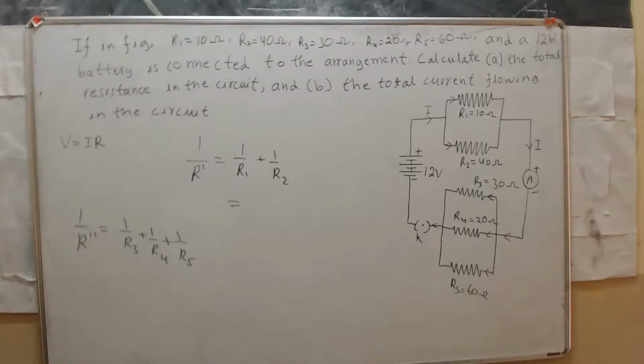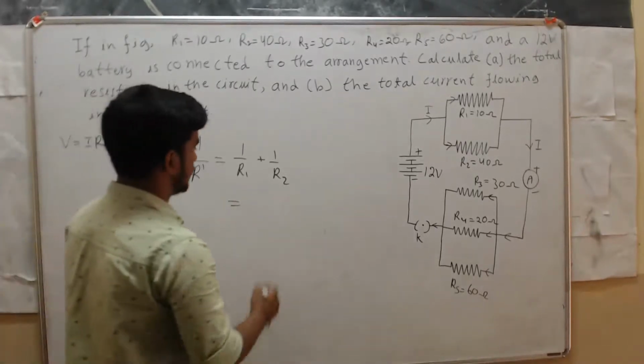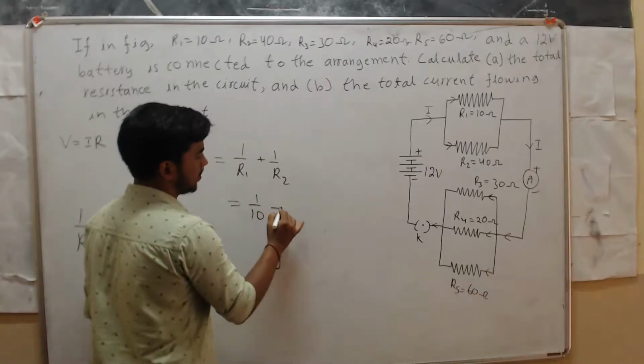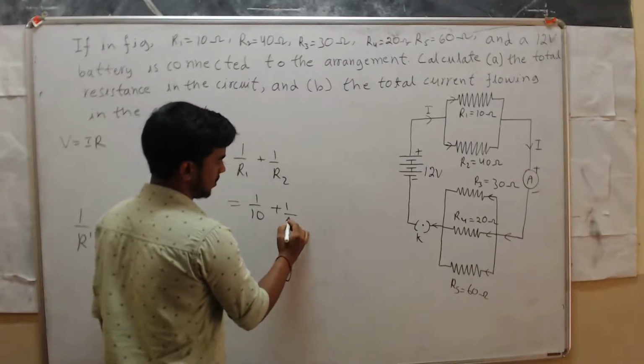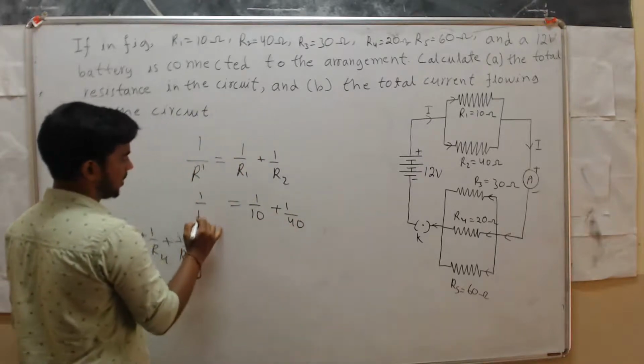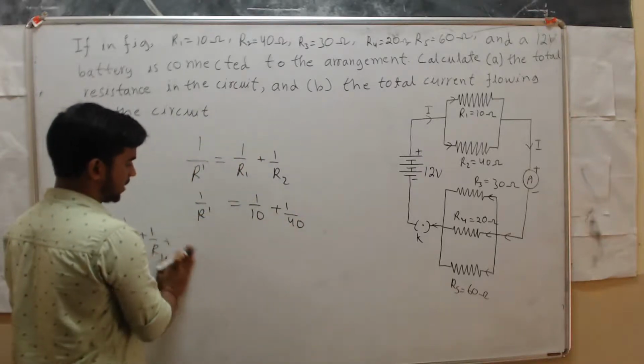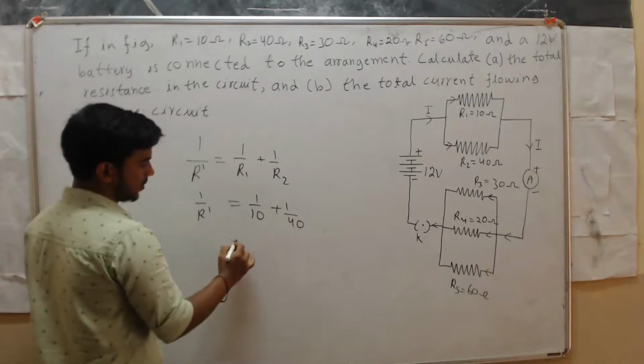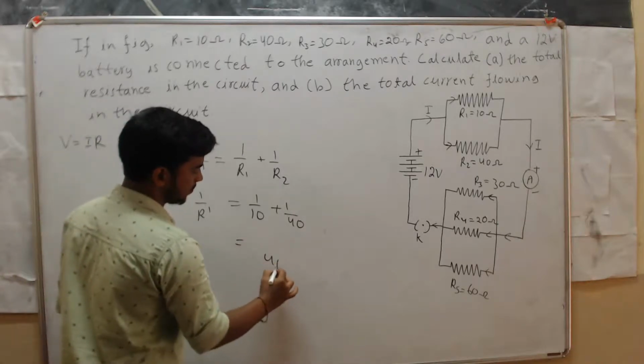So R double dash is 10 ohm, correct. So first one: 1 by R dash equal to 1 by 10 plus 1 by 40. So LCM is 40, right?